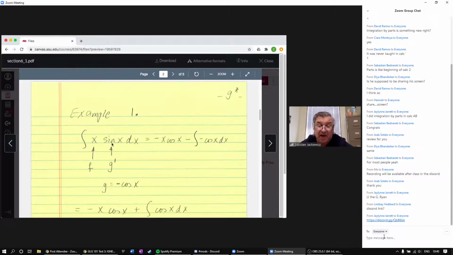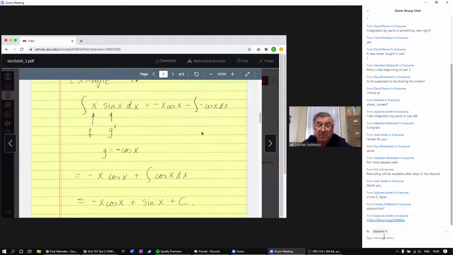Of course, if g prime is sine x, g is minus cosine x. So using the integration by parts formula, you remember it was fg. Well, so f is x and g is minus cosine x. So this is fg minus, it's part of the formula.